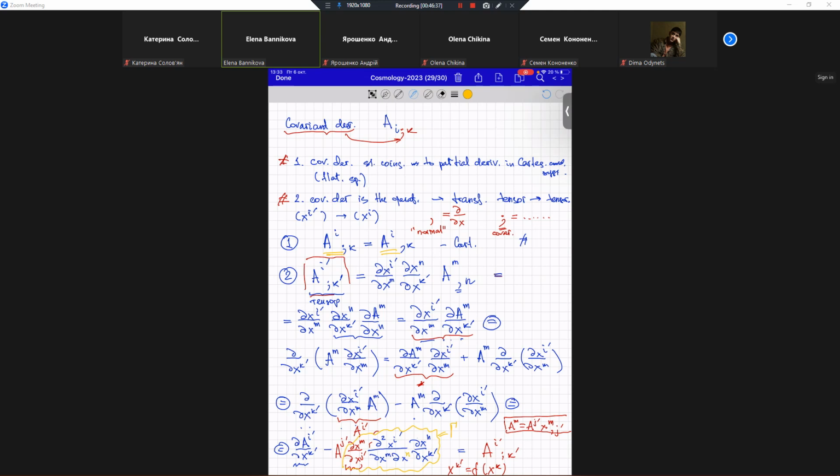So, and this gamma has how many? Three indexes, three free indexes, because the other indexes are summation indexes. So the upper index I have is i prime, and the indexes below I have j prime, k prime.